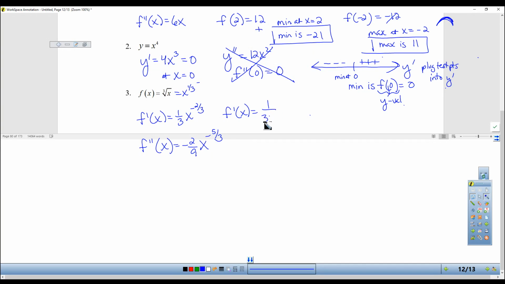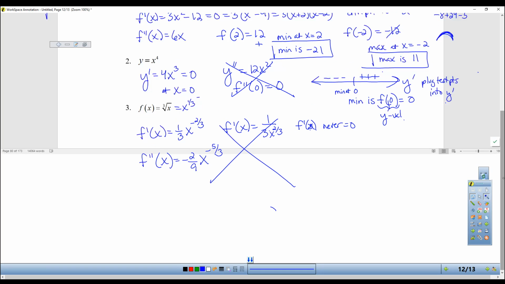So 1/3 x to the 2/3. But where is the derivative equal to 0? The derivative is never equal to 0. And this test requires the derivative to be equal to 0 to use it. So again, the test fails.